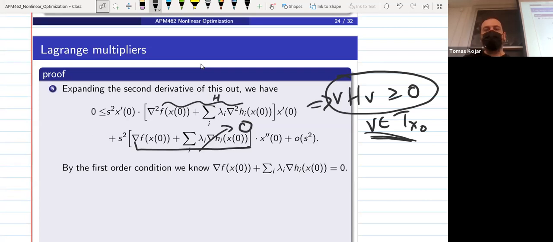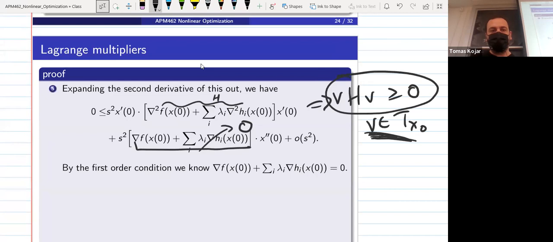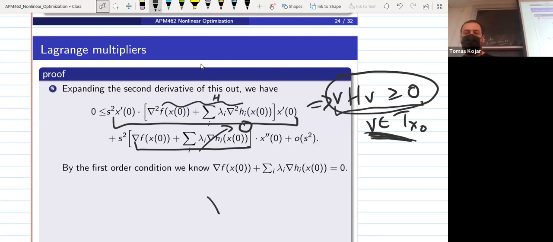We're proving that the Hessian is non-negative. What's the connection between this expression and this one? Yes, all the v's are of the form x prime of 0. That's all I wanted to hear.